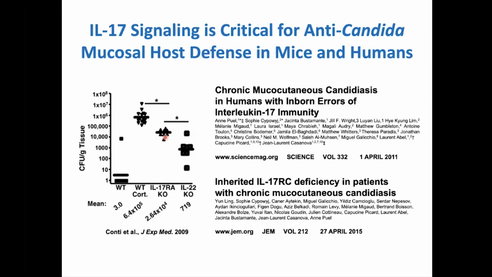And then diseases that have mutations in the IL-17 receptor or its downstream adapter, ACT1, reported by Jean-Laurent Casanova and Anne Puel, showing clearly that if you lack these axes in humans, you get chronic mucocutaneous candidiasis. You can also get skin staphylococcal disease and bacterial pneumonias.